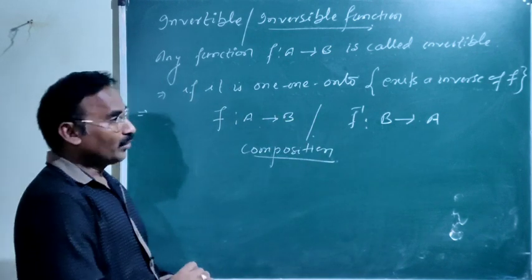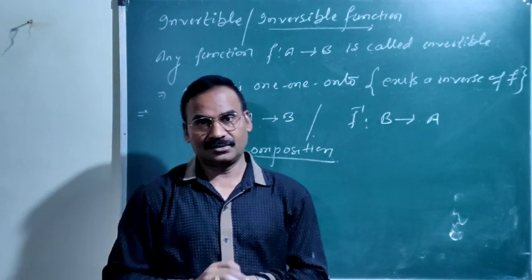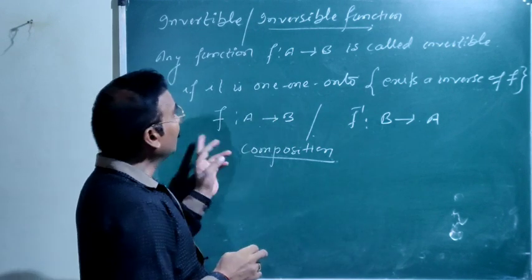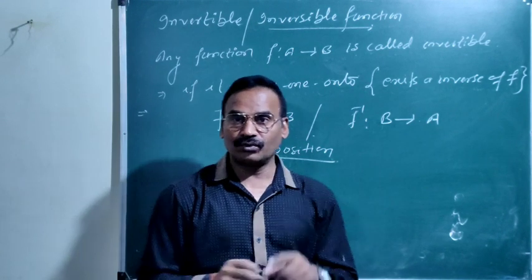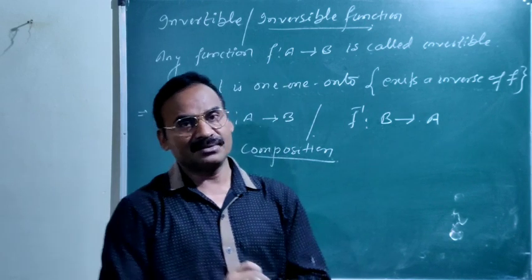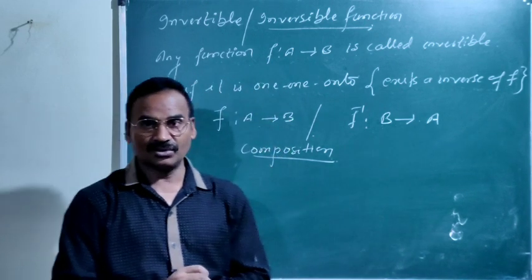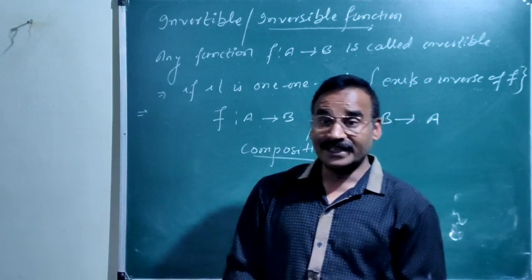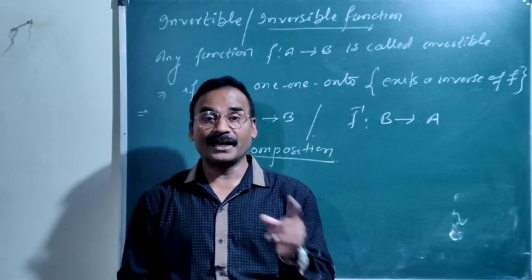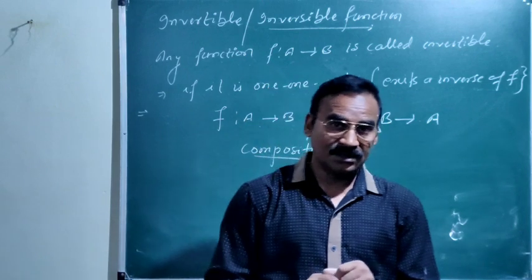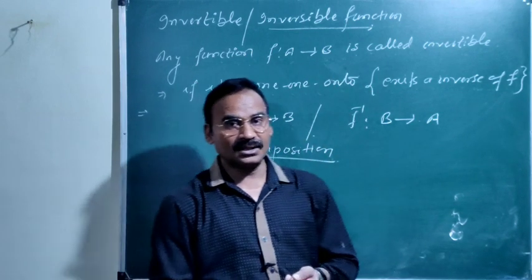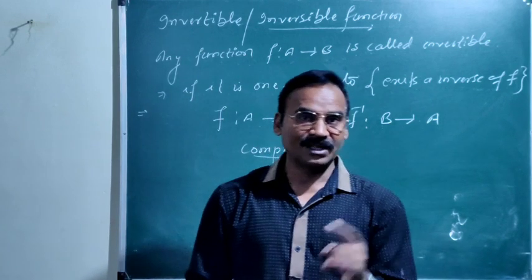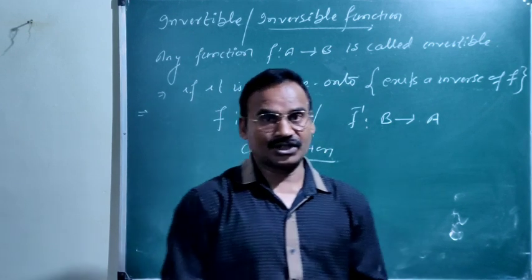So you can prove it in two manners. First, to be an invertible function, you have to prove one-one onto, meaning bijective. And we know that the composition of a function and its inverse always becomes the identity function.